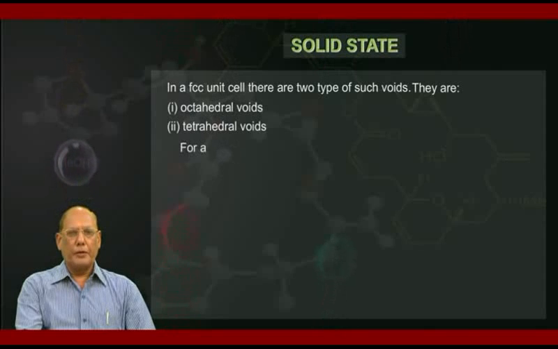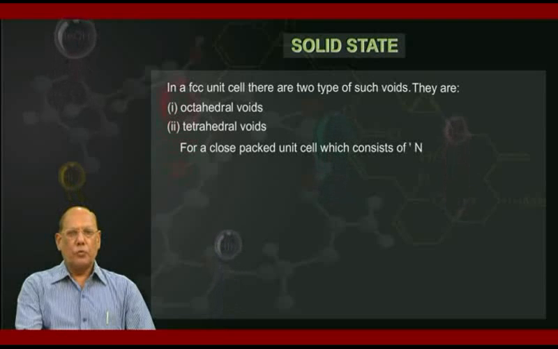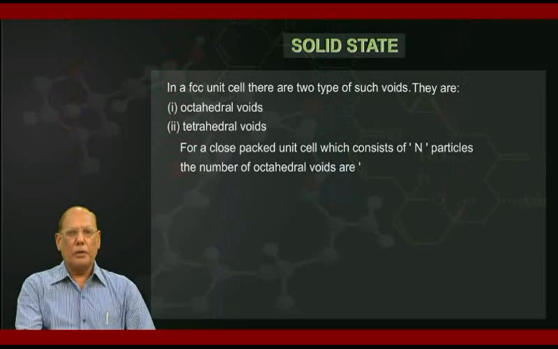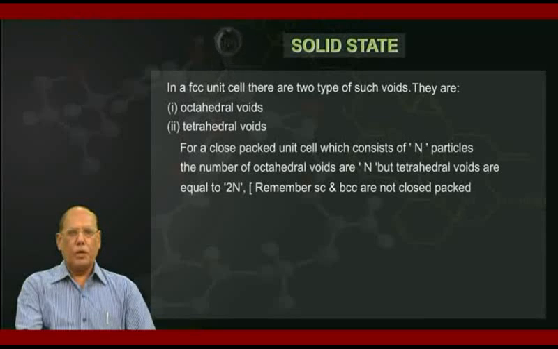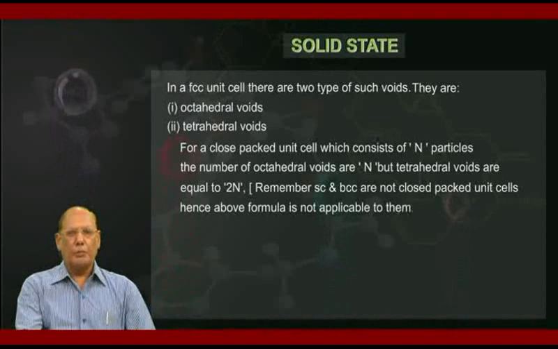For a close-packed unit cell which consists of n particles, the number of octahedral voids are n, but tetrahedral voids are equal to 2n. Remember, simple cubic and body-centered cubic are not close-packed unit cells, hence above formula is not applicable to them.